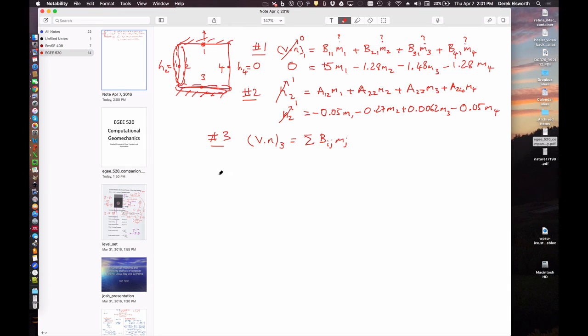And for this one, we'd have a fourth constraint equation, which would be the heads at location 4, which by the way are equal to 0, which are equal to the sum of Ij times mj. And so now we have 4 equations and 4 unknowns.